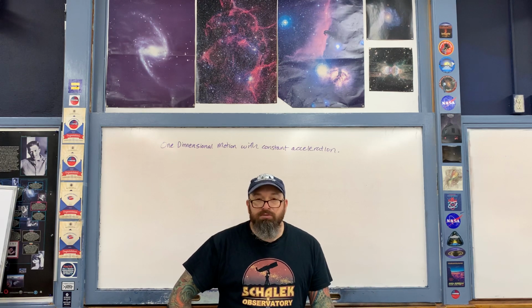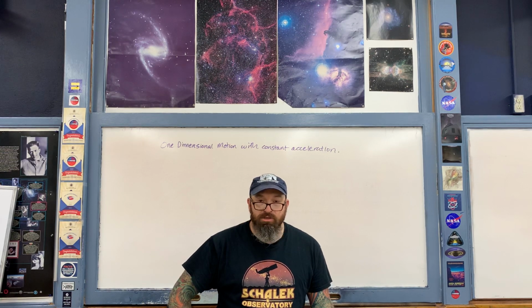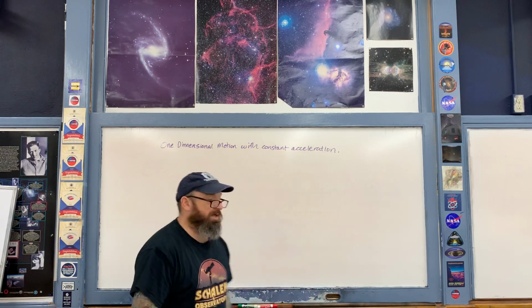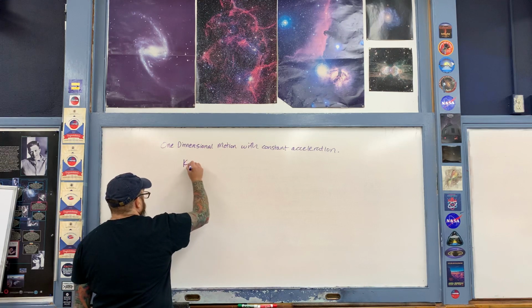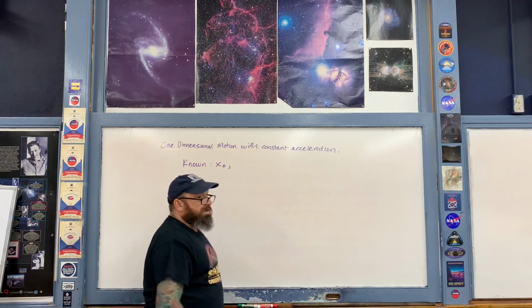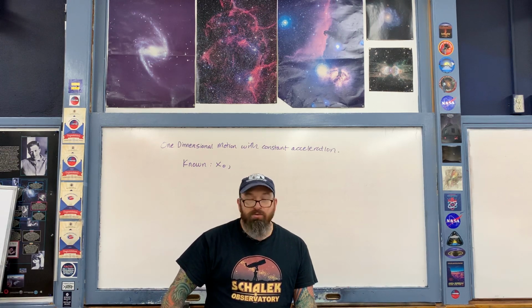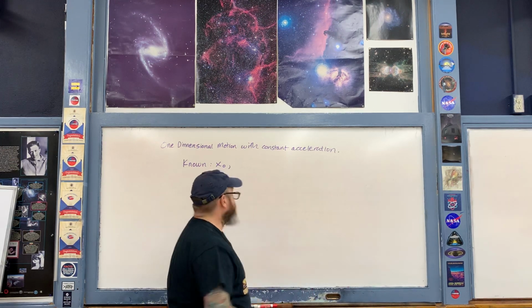Let's say that we know three things about an object's motion. First of all, we know where the object is when we start the clock, so we know the initial position, x0. Let's say that we also know how the object is moving when we start the clock, so we know the initial velocity, v0.